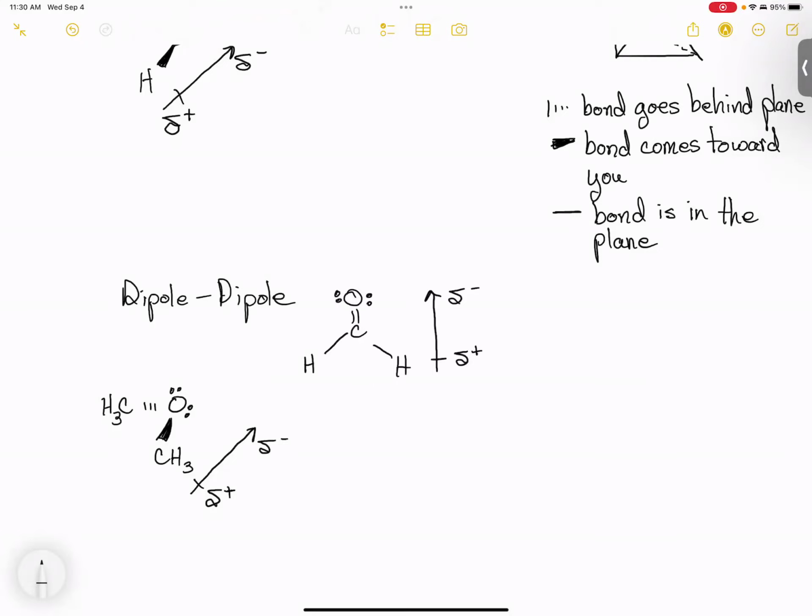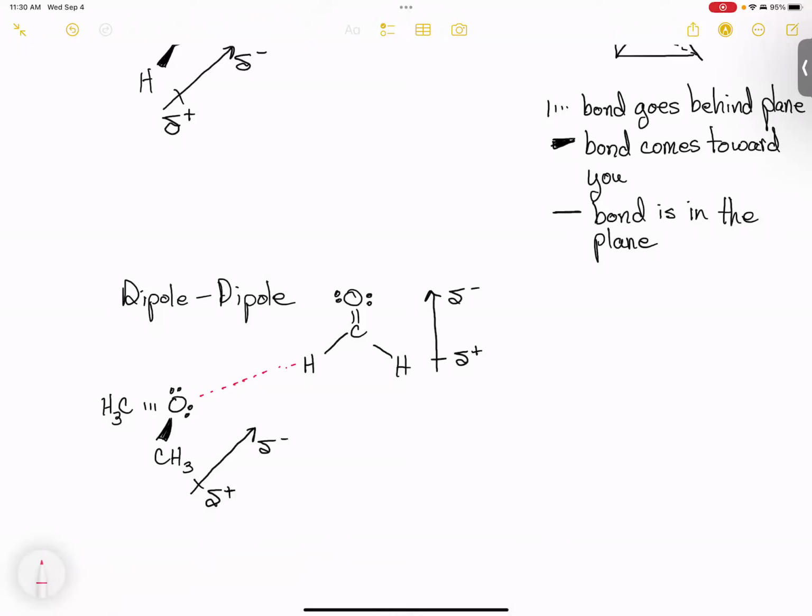And just like before, the negative of one polarized molecule would interact with the positive of another polarized molecule. So you can have interactions between dipole-dipole.